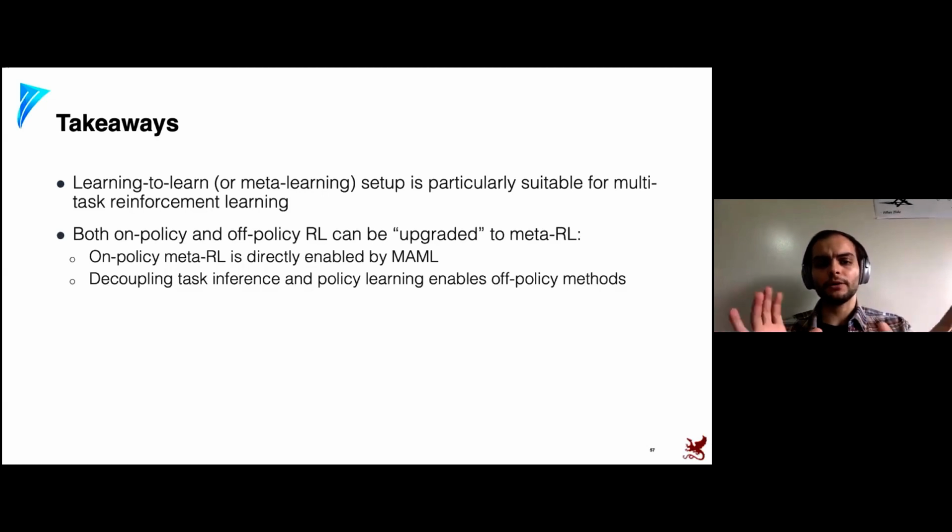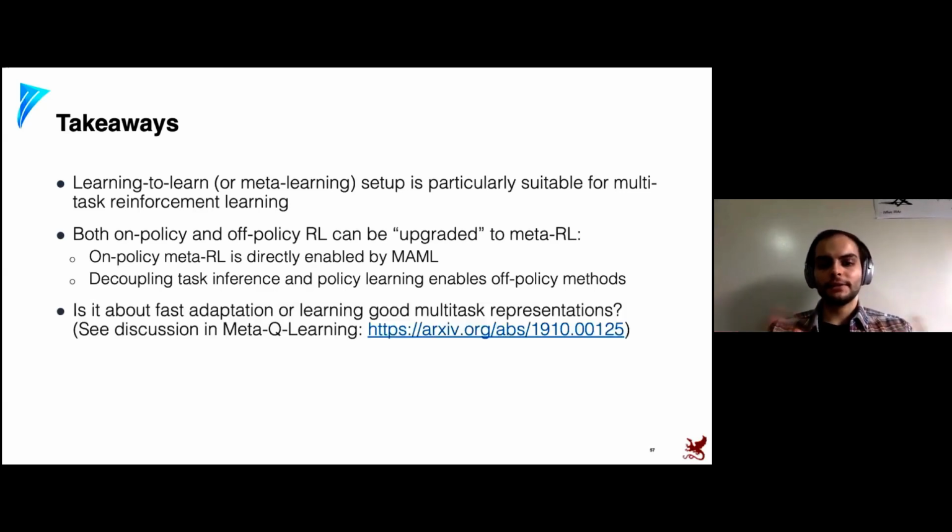We looked at the on-policy and off-policy meta-RL algorithms, right? We see that both on-policy and off-policy can be upgraded to the meta-RL setup pretty easily. We can decouple task and inference, and then there's still this question about fast adaptation, whether it's about adaptation or whether it's about learning representation. What we did not discuss is exploration in meta-learning, and especially in reinforcement learning.